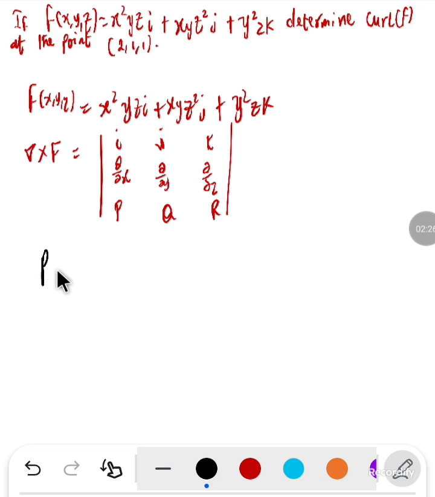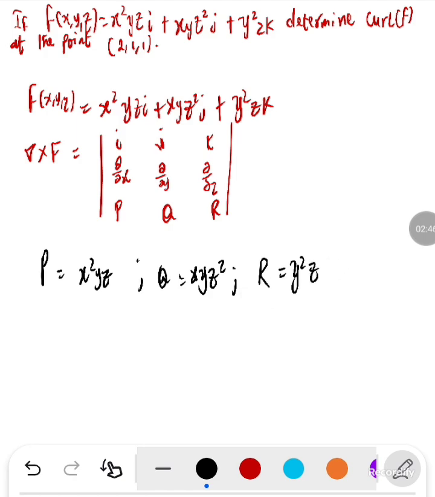My P is the component with i, which is x squared y multiplied by z, and my Q is the component with j, which is x y multiplied by z squared, and my R is equal to y squared multiplied by z.